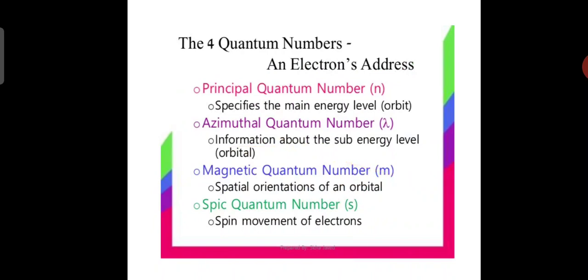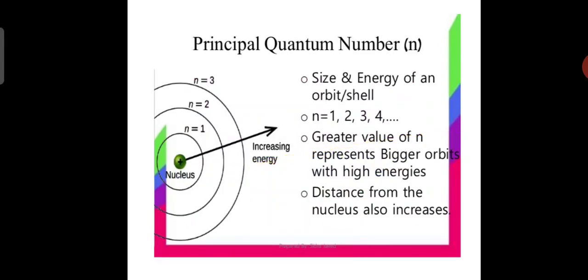The magnetic quantum number, ang katumbas naman niya is the street, no? Street. And then the spin quantum number, that is the house number. Okay? The house number ng specific electron. So if you combine all of these four, this will determine the address of the electron.